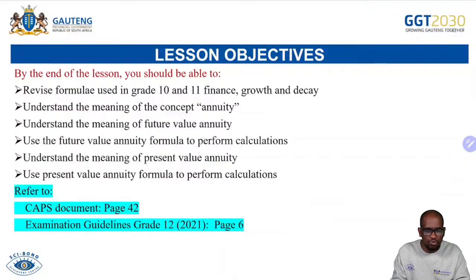And then we are going to look at the formula, and we are going to perform calculations on the future value annuity formula, as well as look at some of the slight deviations or adaptations that can be made to the formula based on certain conditions, all right? And then we are also going to look at the meaning of present value annuity so that we understand what it means when someone says it is a present value of a specific annuity, all right?